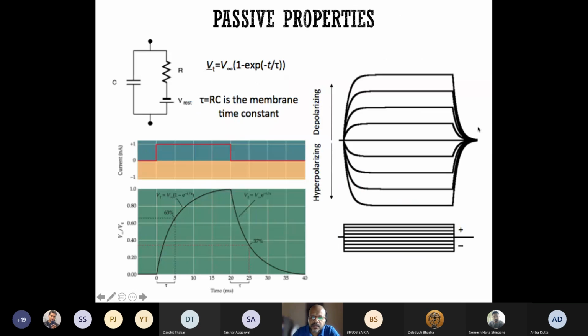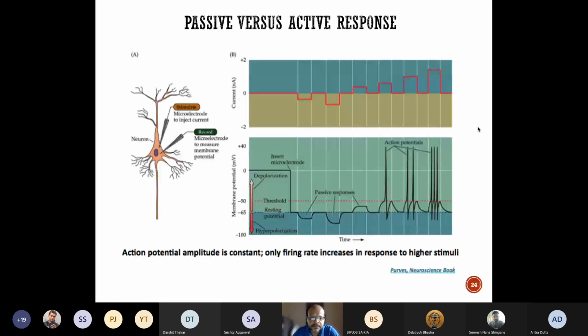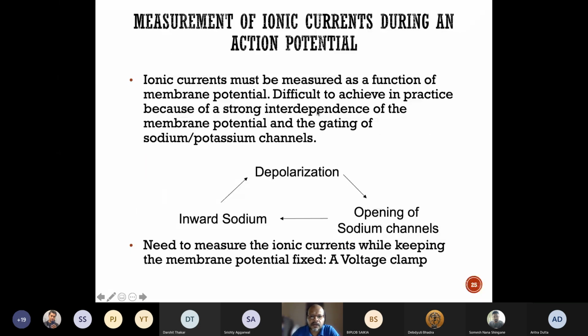Suppose I try the same trick here. I hold the potential to a particular value. However, now there are going to be very complicated things going on. If I hold the potential of a cell, so suppose I depolarize it to 0 millivolts.